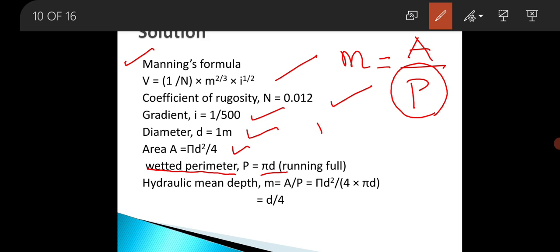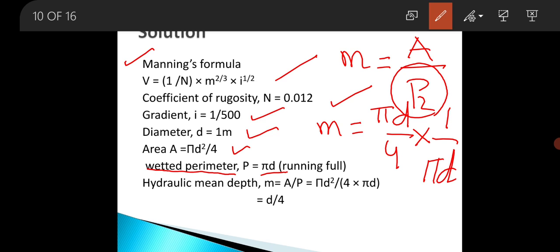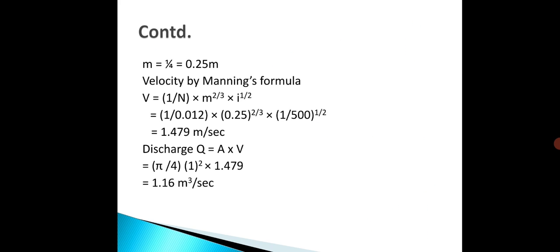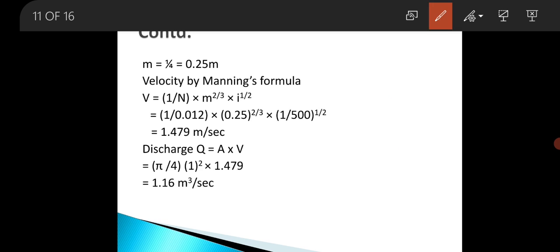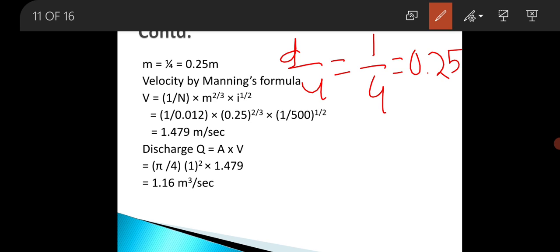So m will be equal to area, pi d square by 4, into 1 by pi d. Pi cancels out, d cancels out, so m will be equal to d by 4. Here d is 1, so the value is 0.25 meter.